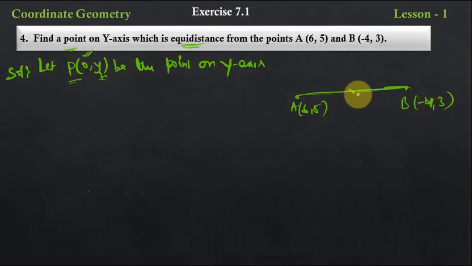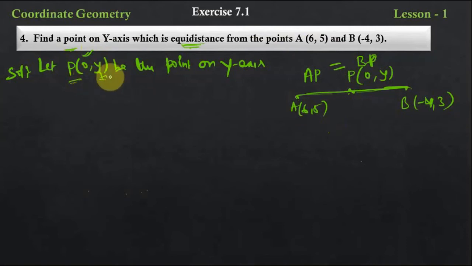And this point P (0, y) are the coordinates of that point. This point P is equidistant from A as well as from B, he is saying. Means we should find the distance of A to P, that is equal to the distance of BP. He is only saying that AP is equal to BP. Then we should find the value of y here.